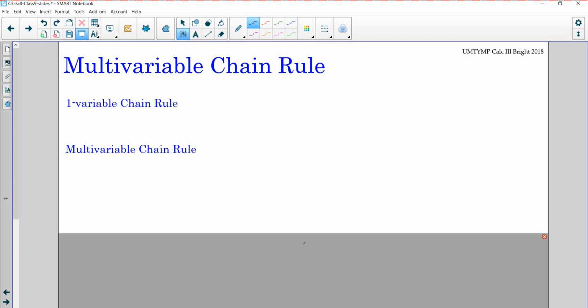Okay, well, it'd probably be good to remind us what normal chain rule is in one variable. So if we had a composite function, f of g of x, and we're looking at the derivative of this, what we said was, we have to do the derivative of the outside, leaving the inside intact, and then times the derivative of the inside.